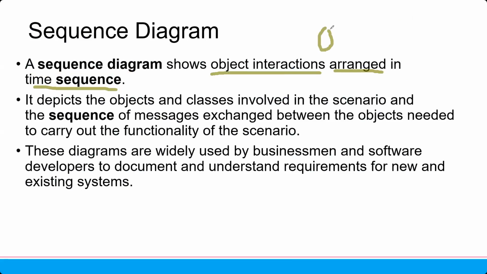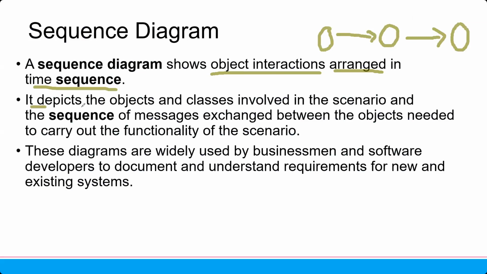Let's say if I want to log in, then when you log in, you need to input ID, password, and then go to the first page, and then you go to some other page. So this kind of sequence can be drawn in the sequence diagram.